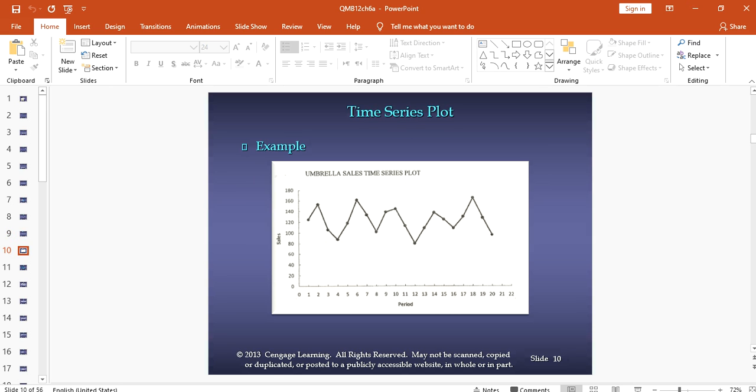So here's the umbrella sales time series, which is horizontal and at the same time seasonal. So during the winter, the sale of umbrella rises, but this pattern is like spring and summer, and then it goes up, but overall trend is horizontal.